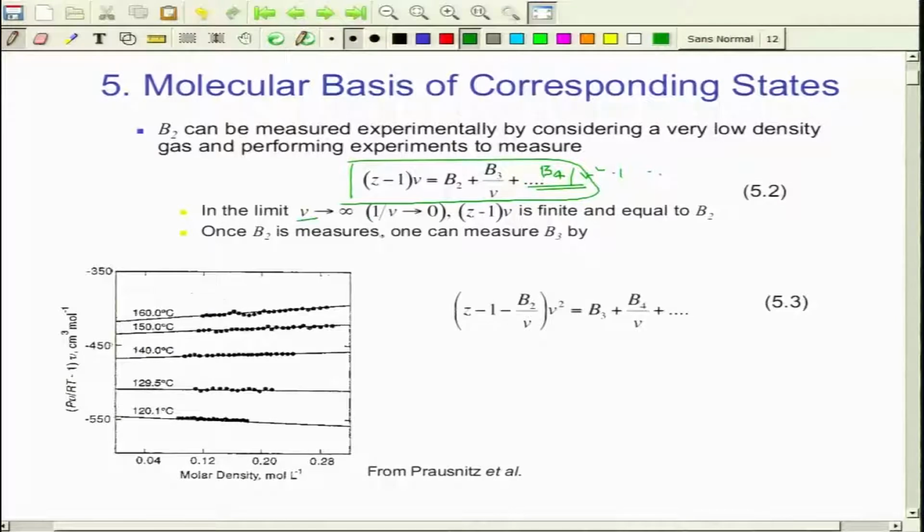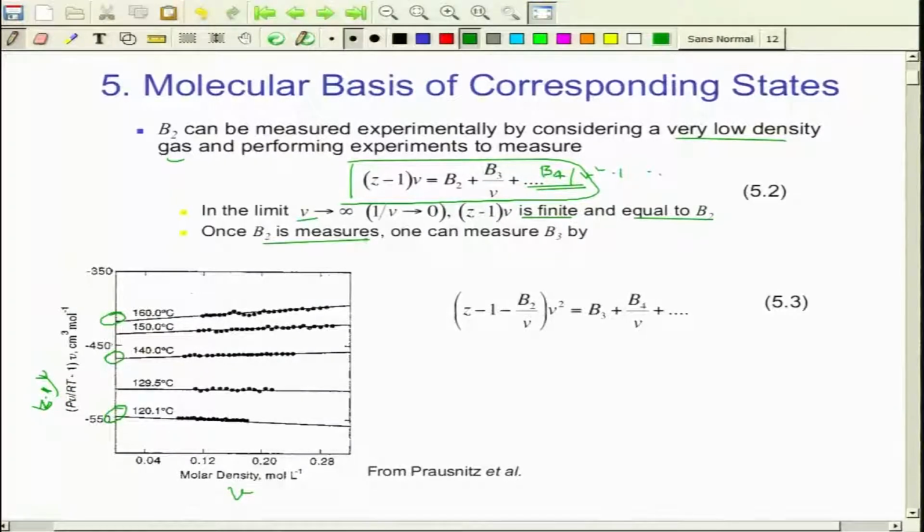So B2 can be easily evaluated for a very low density gas by plotting Z minus 1 times V as a function of molar volume, and you can extrapolate the values in order to get B2 for very low values of 1 by V. In the limit of 1 by V going to 0, Z minus 1 times V is finite, and this is equal to B2. That is what we are talking about.